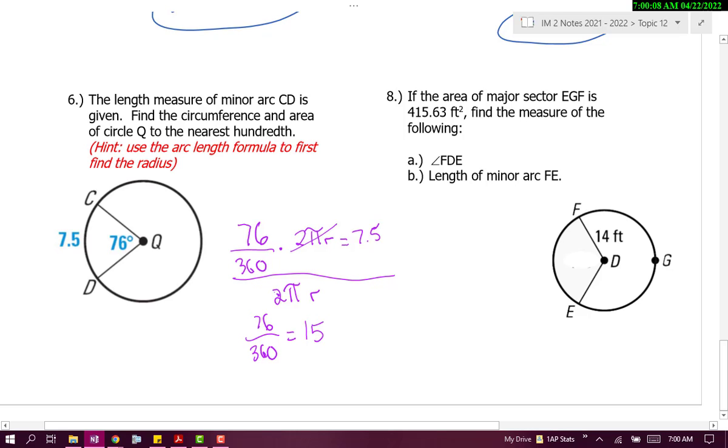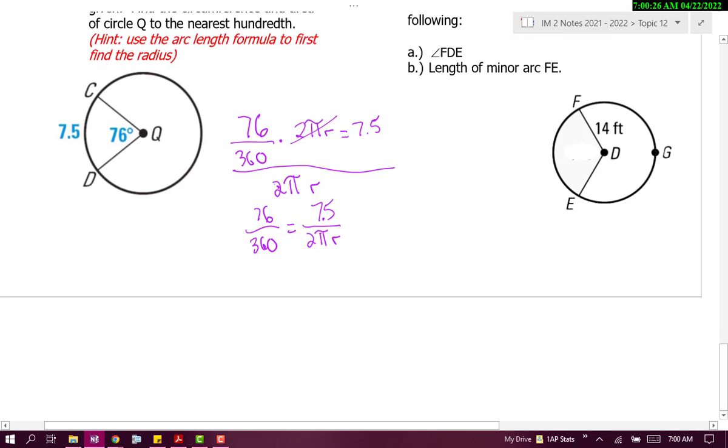Wait a tick. No, we want to divide that. And what do you know? Whoops, that's 7.5. So either way, we end up at the proportion. So let's just keep it this way.